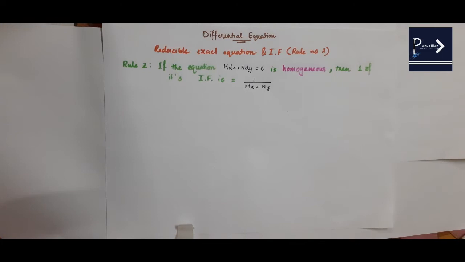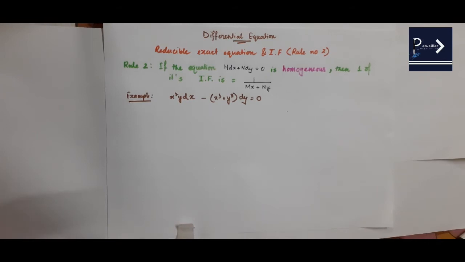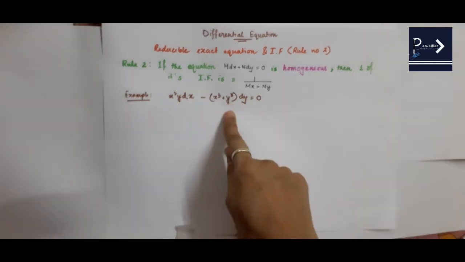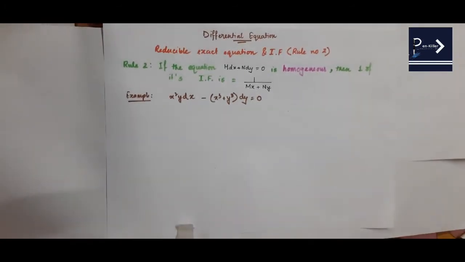So let's take an example to make it more clear. We have taken the example x square y dx plus (x cube plus y cube) dy equal to 0. Now, coming to the homogeneous part: a function is called homogeneous if all its terms are of the same degree.